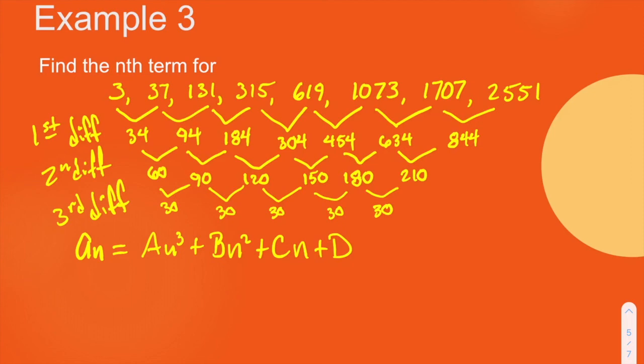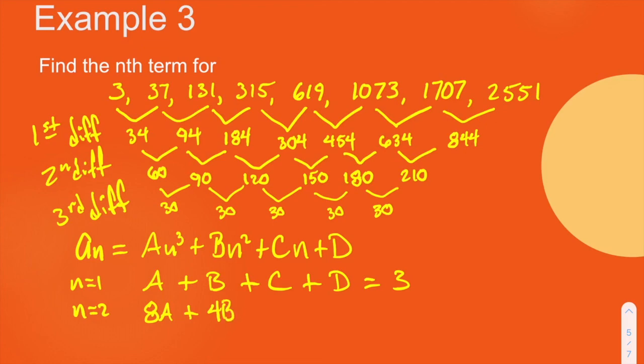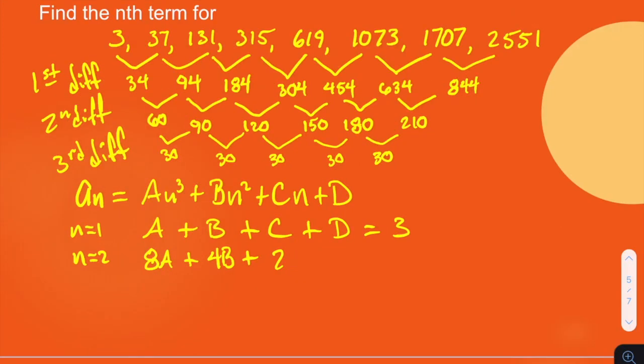And so this means then when n is equal to 1, we're going to be looking at a plus b plus c plus d is equal to our first term, which is 3. A sub 1 is 3. Well, let's look at when n is equal to 2. 2 to the third is 8, a, plus 2 squared is 4, b, plus 2c plus d, and that's going to equal our second number, which is 37.